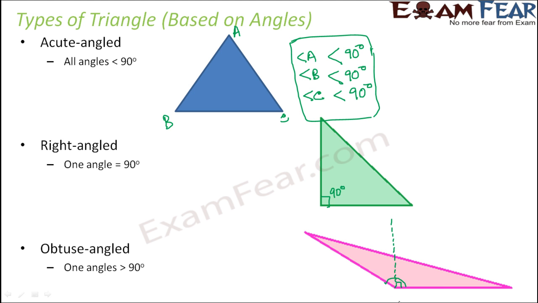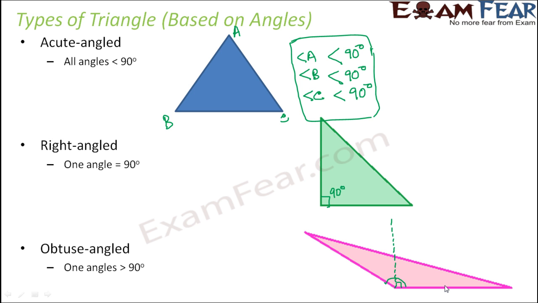So this would have been 90 degrees. So one angle is greater than 90 degrees, but again, the sum of the three angles should be 180 degrees. So that means the other two angles should be less than 90 degrees. So whenever one angle is obtuse, then that triangle is called an obtuse angled triangle.